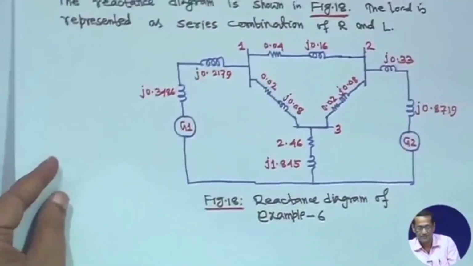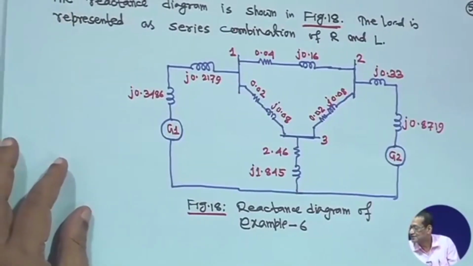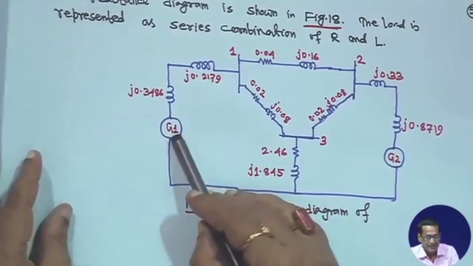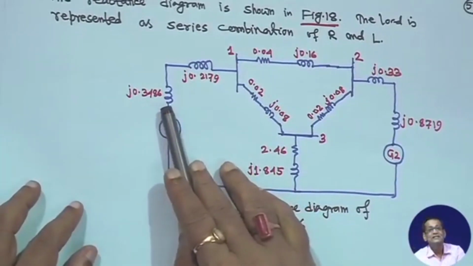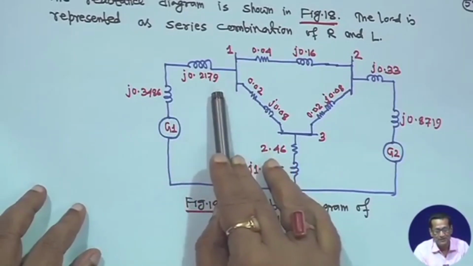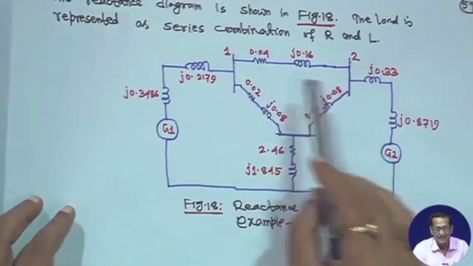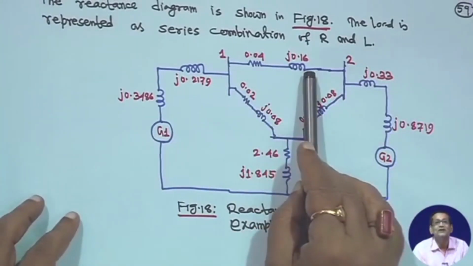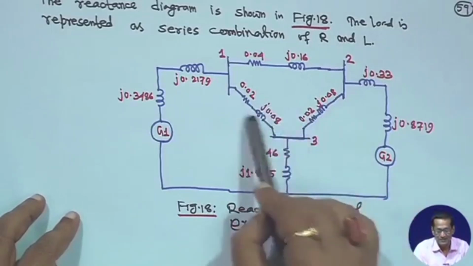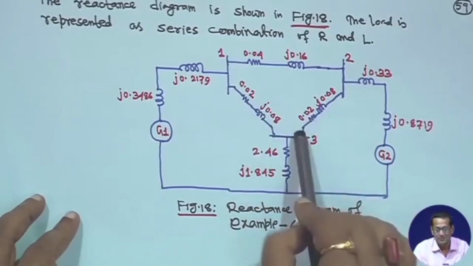So, this is the diagram, the per unit reactance diagram. This is generator 1 J 0.3486 per unit, and this is your transformer J 0.2179. Then 3 lines are there, 0.04 plus J 0.16, and the impedances for the other 2 lines are also shown.